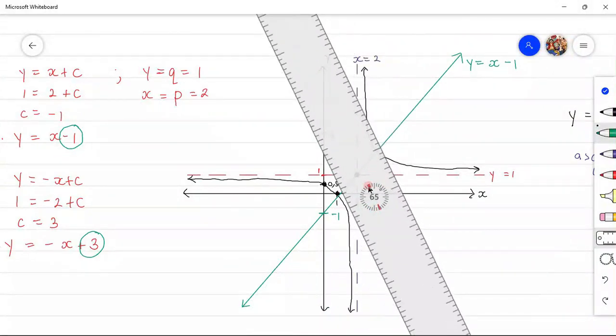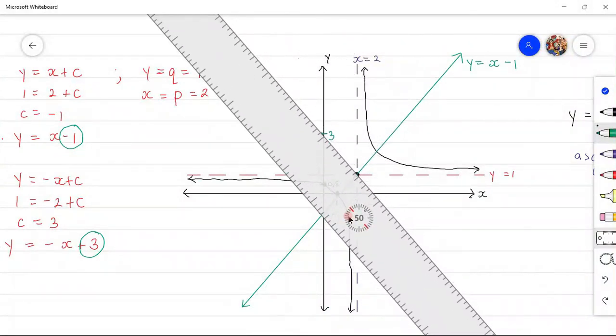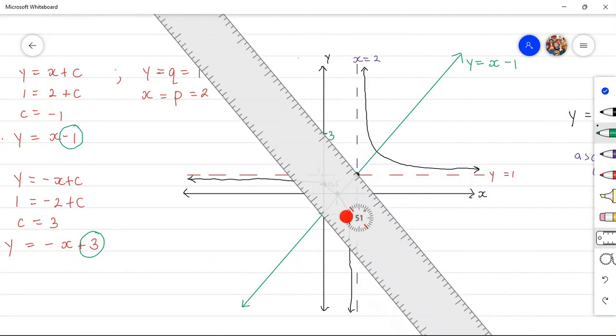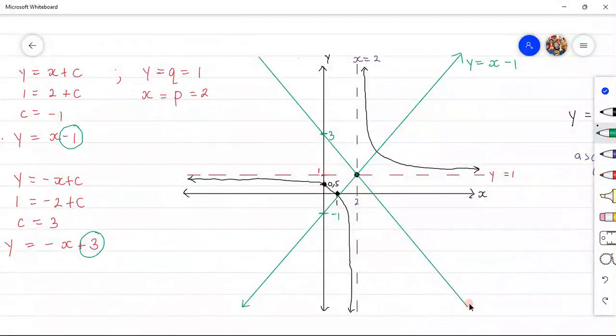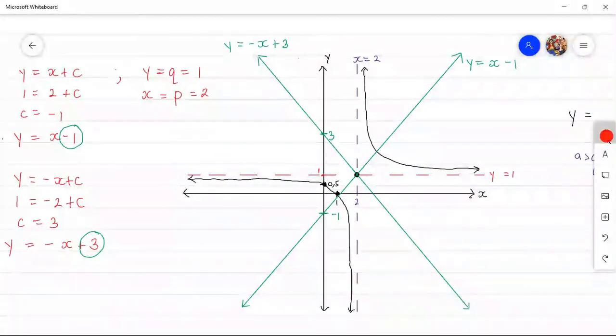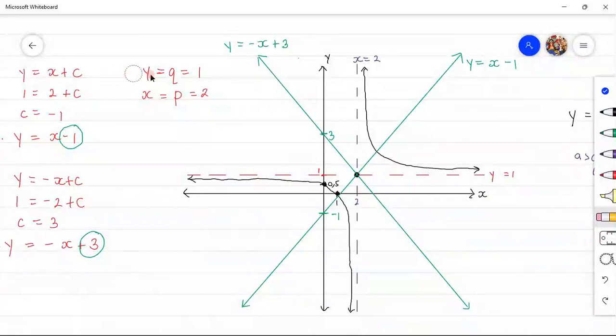So let's take our ruler, connect the 2 points, and sketch our line. Now that is our negative axis of symmetry line that has an equation y equals negative x plus 3. Let us now clear up all of our excess information and then discuss what we have drawn.